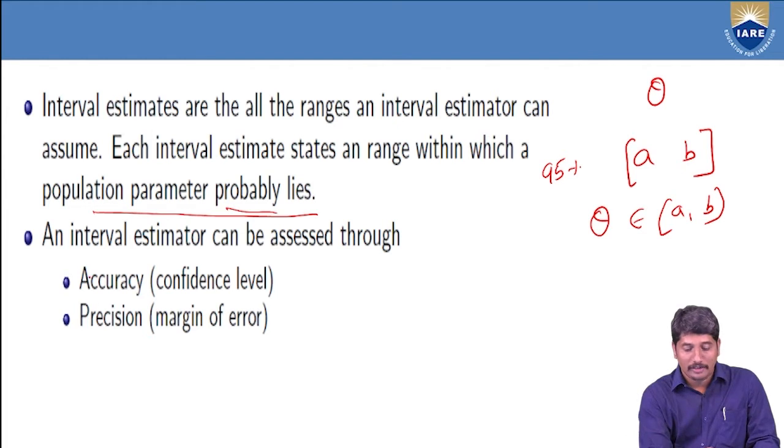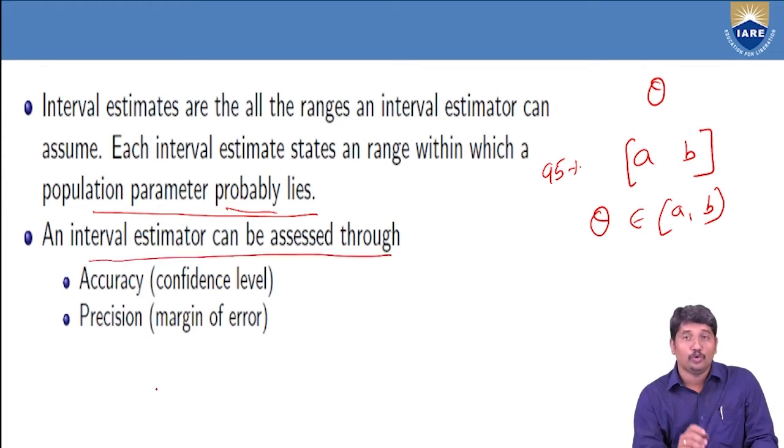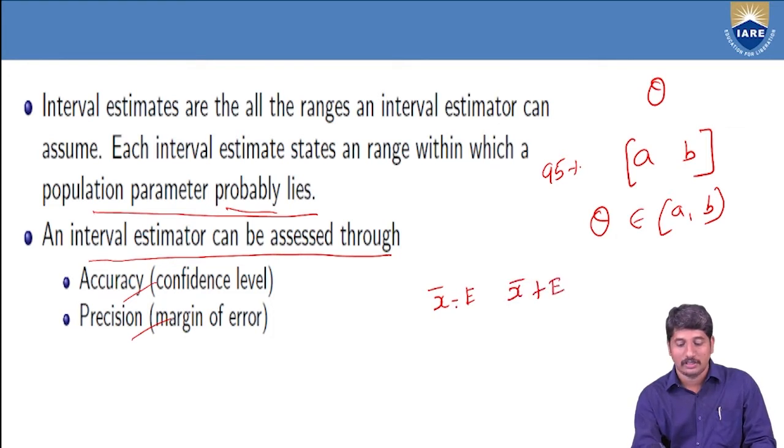An interval estimator can be assessed through two dimensions, that is accuracy and precision. First we'll try to find how distant mu will fall from x bar. That means what is the range towards left and right, x bar minus c or x bar plus c.